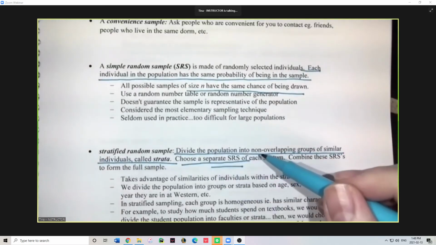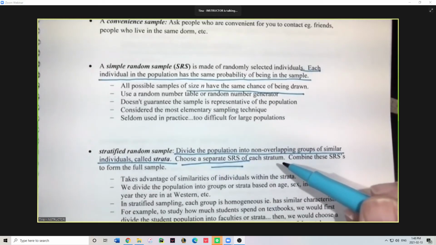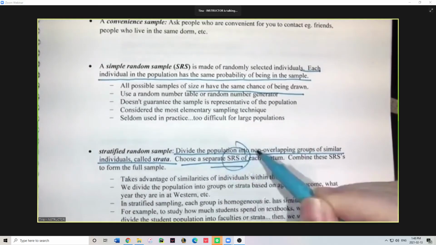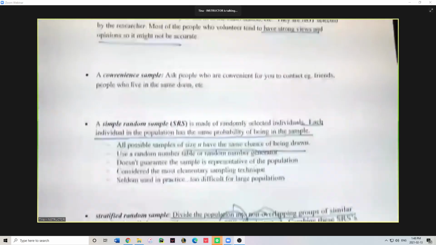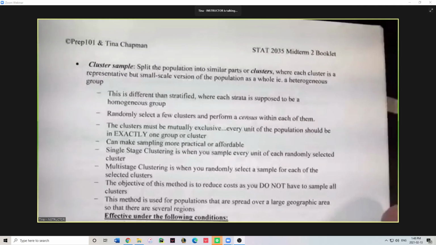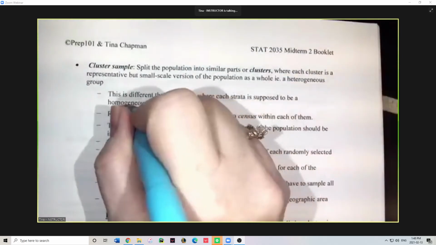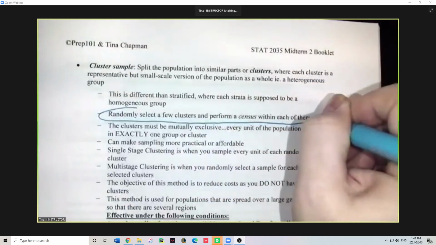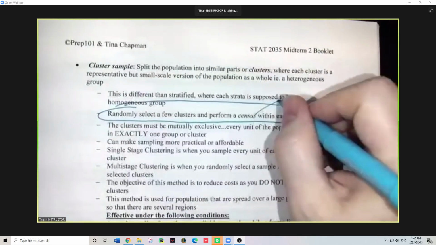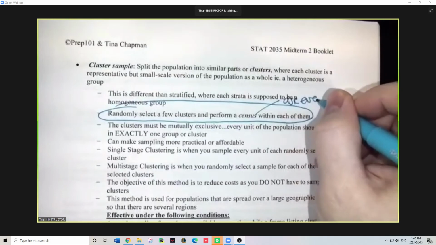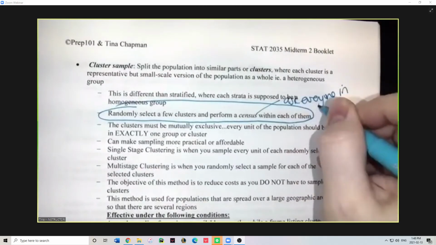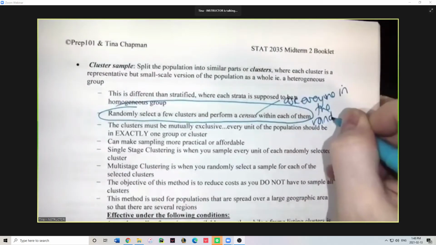Whereas in stratified, we divide the population into groups and choose a simple random sample of each group. Cluster, we divide them into clusters or groups. And then here is the key, randomly select a few clusters and perform a census. So ask everyone in the randomly selected groups.